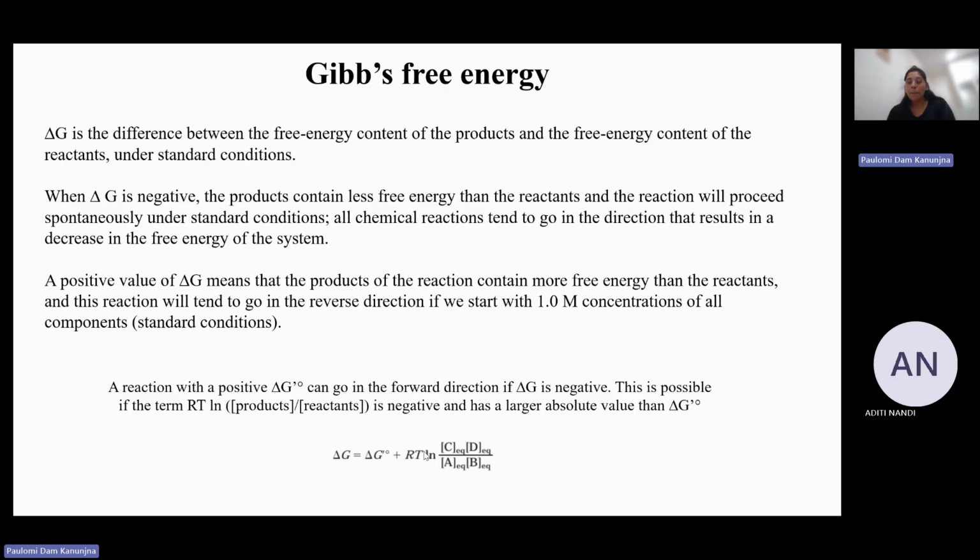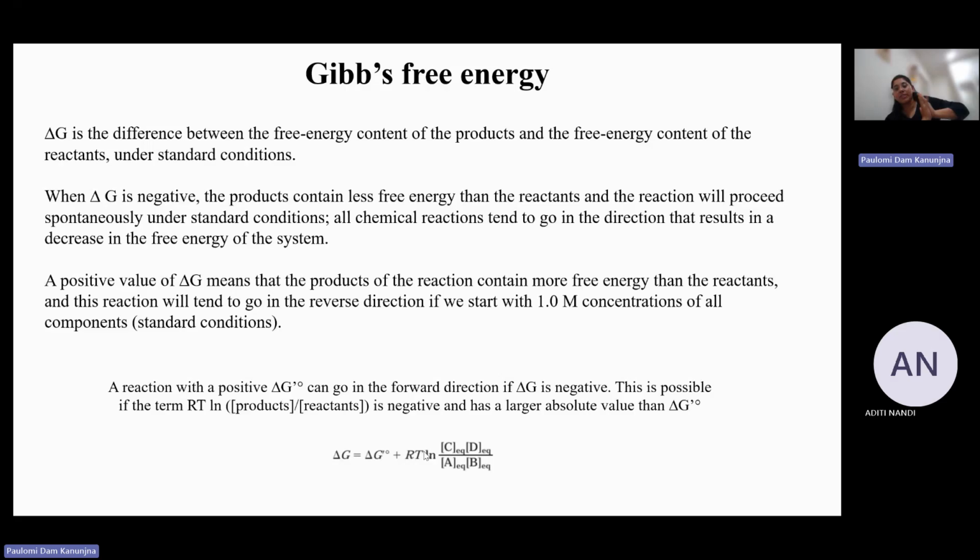That's clear. But what happens when you look at delta G naught, which is the standard condition? If delta G naught is positive, what happens there? If delta G naught is higher, that particular reaction is non-spontaneous.